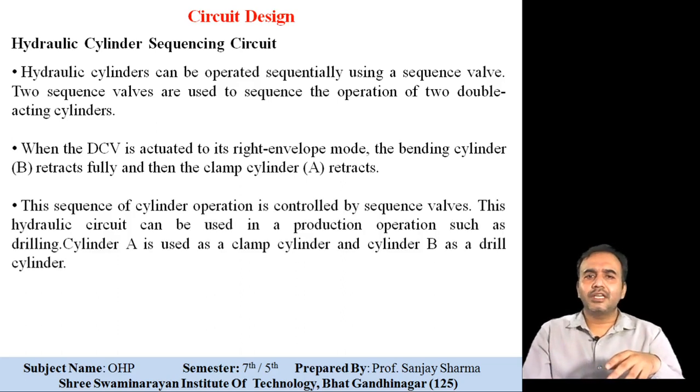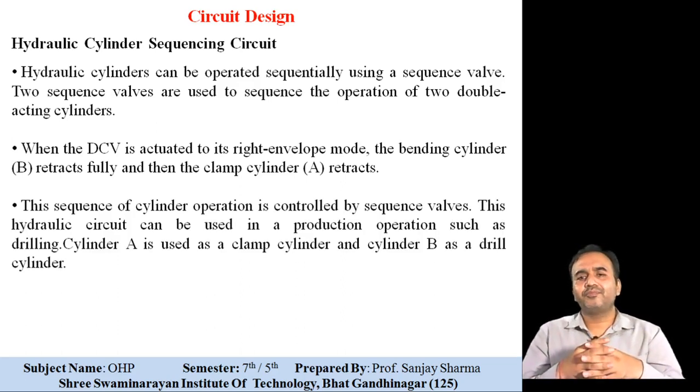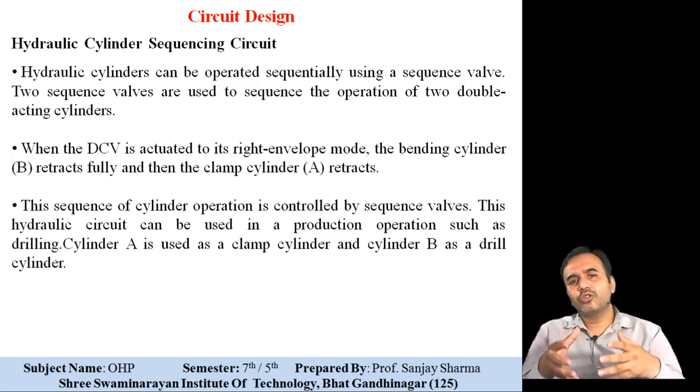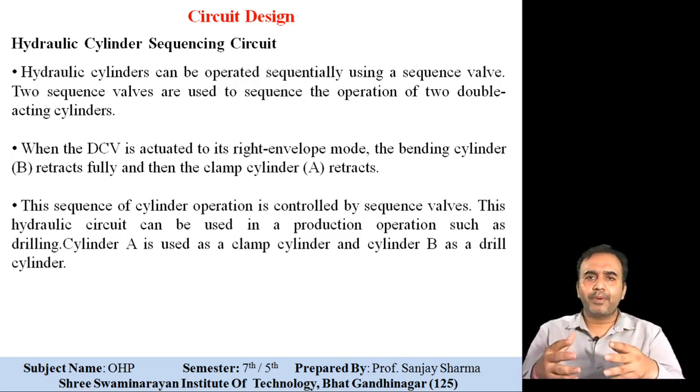That is what you are seeing on the screen. With the help of this sequencing circuit, we can also operate closing of 2 valves or closing of 2 doors or closing of 2 flappers in sequence. So this is the particular arrangement for the sequencing valve.